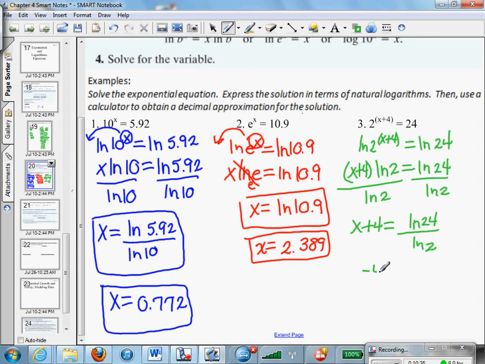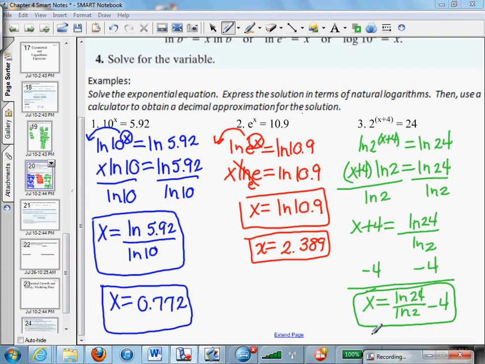Now, to get x totally by itself, let's subtract 4 on both sides, leaving you with x equals ln of 24 over ln of 2 minus 4. And now if you were to punch that in your calculator, you would get that x is equal to 0.585.